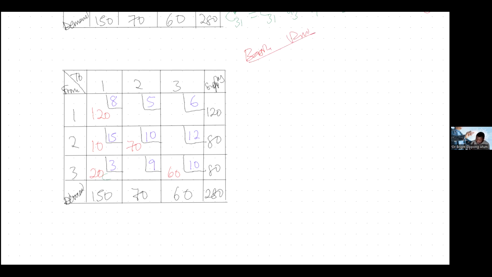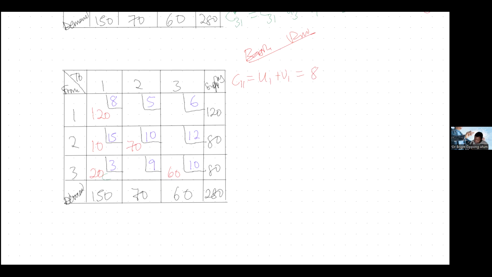So we evaluate the cost, and we say, what is the cost for C11, in terms of U1 plus V1? We do this so that we can determine our various Uis and Vis. So we are determining all these costs, but we know that this is equal to 8.